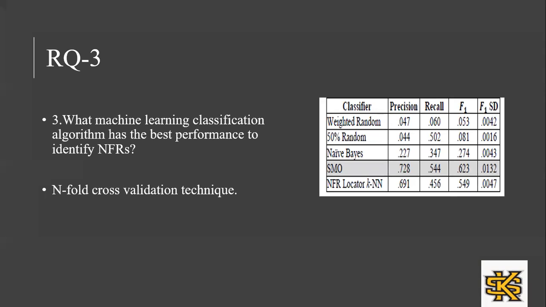Now coming to research question 3, it asks what machine learning classification algorithm has the best performance to identify non-functional requirements. Here in our approach, we used KNN (K nearest neighbor), SMO, naive Bayes, 50% random and random weighted classifiers in Weka.